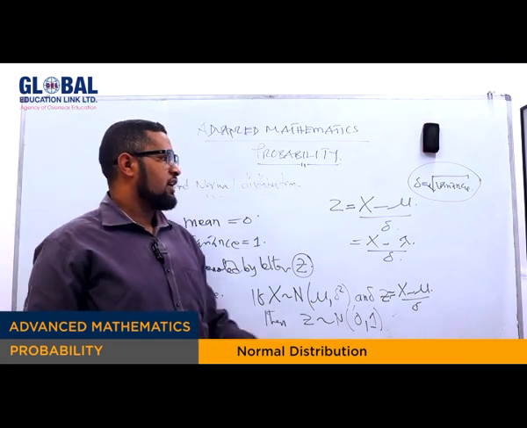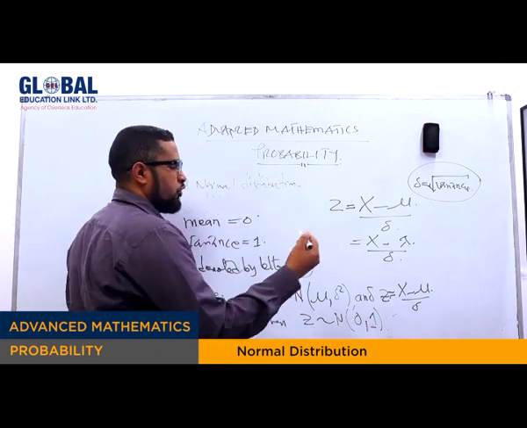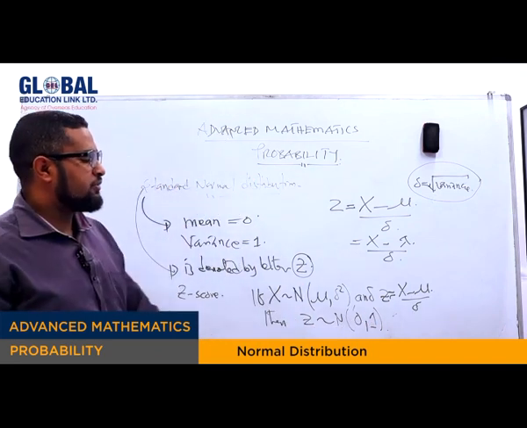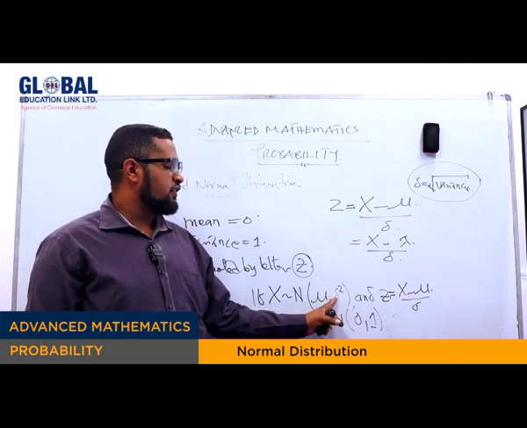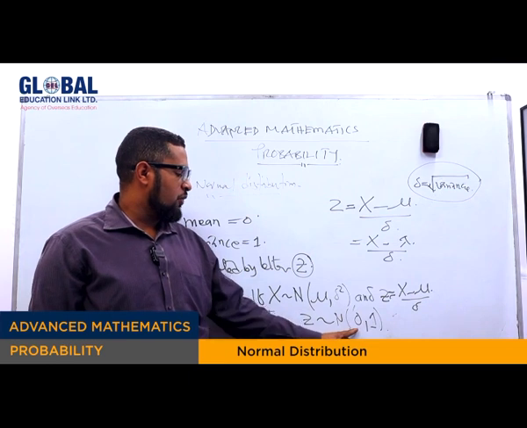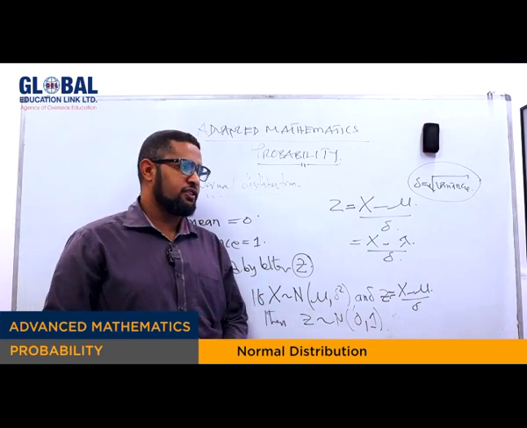If you take the square root of 1, you obtain 1. Do not get confused: standard deviation is the square root of variance, but here, when you are writing it, you write it in terms of the mean and the variance.